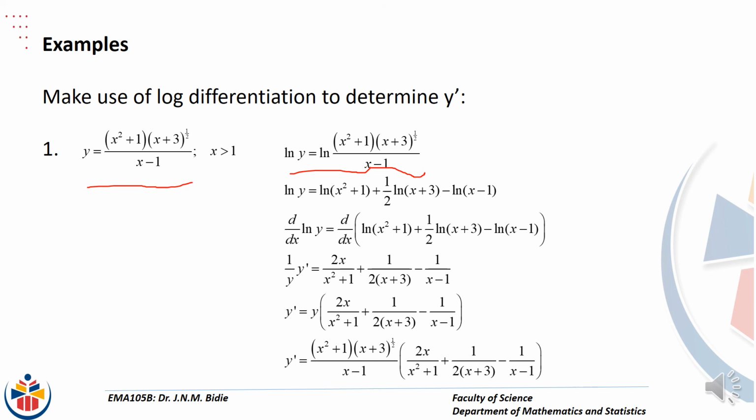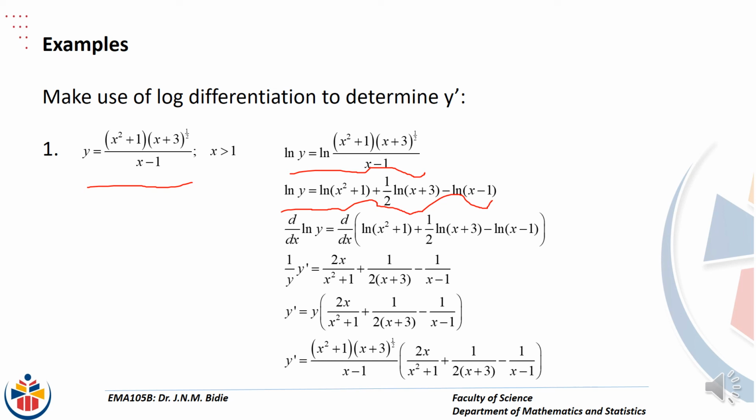Please check whether we used the laws of logs appropriately for the right-hand side. And then next step, differentiate. The derivative of ln y is 1 over y times the derivative of y with respect to x. Please check whether the other 3 terms have been differentiated appropriately.